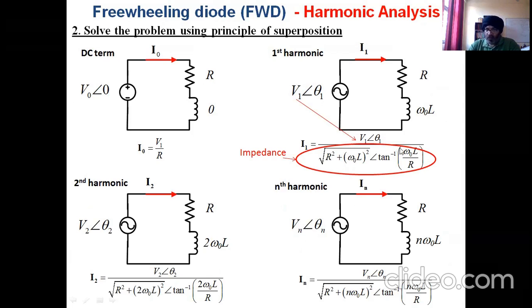So this is the polar form of the voltage of the harmonic, divided by the impedance and angle theta, which can easily be calculated using tan inverse of omega L by R. So using this polar form, voltage divided by the impedance, we get the current in the frequency domain. Means in the frequency domain, we only have two values: one is magnitude, another one is phase.